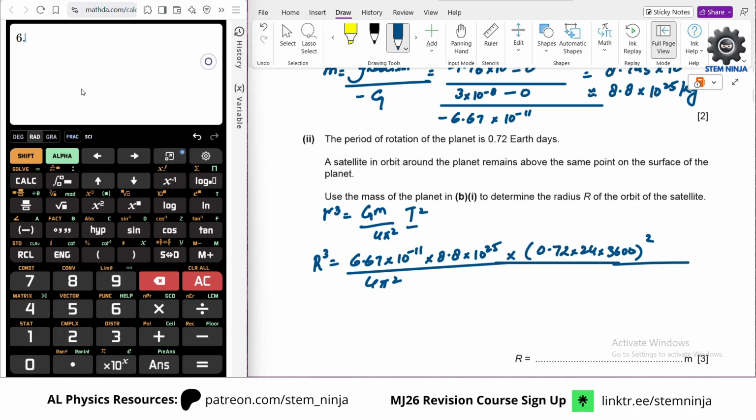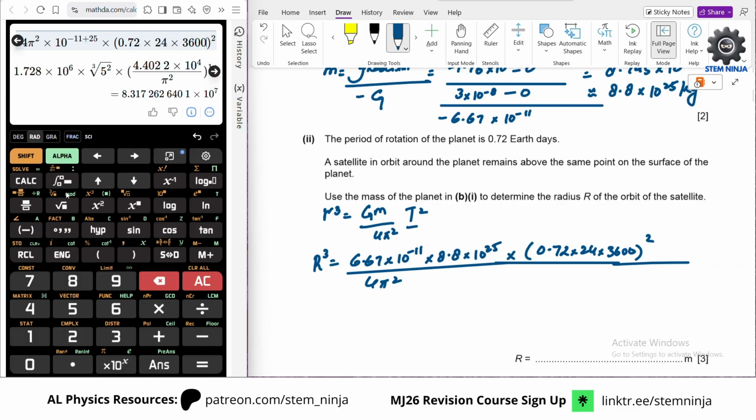Let's do the cube root thing. So 6.67 times 8.8 divided by 4 pi squared times 10 raised to power minus 11 plus 25 times 0.72 times 24 times 3600.